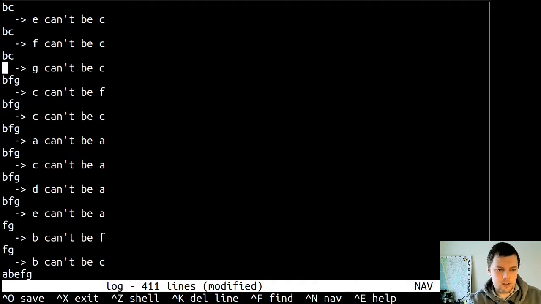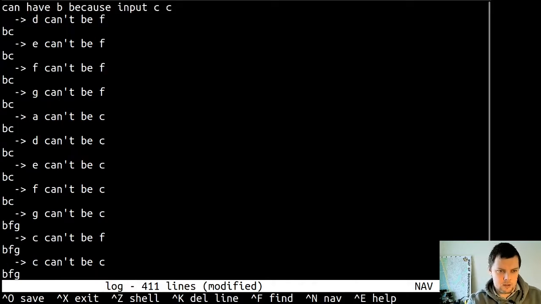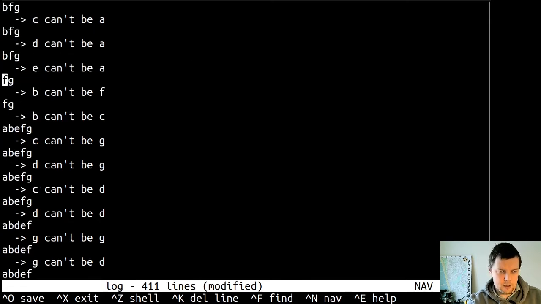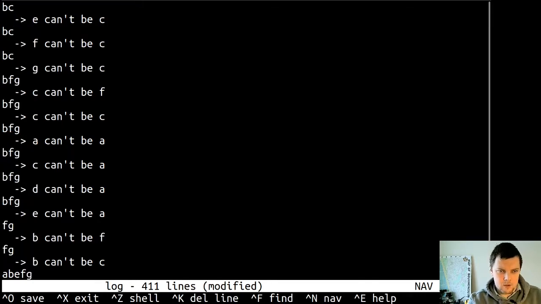Well, that's an illegal input, isn't it? How can there be BC and FG? Well, yes, I'm not surprised there's an illegal 5 segment, because that's a contradiction as far as I understand it.